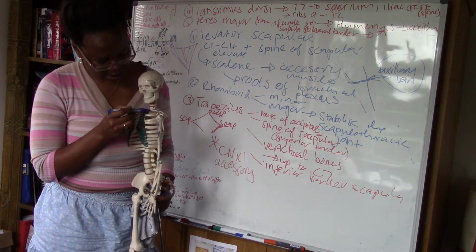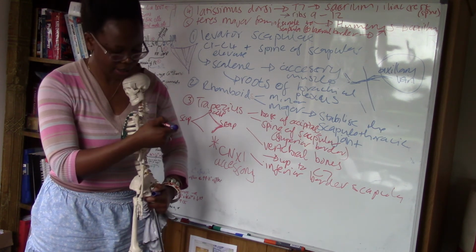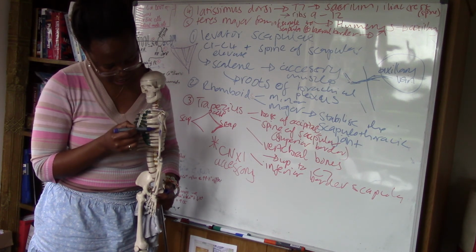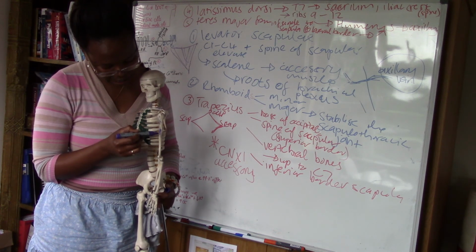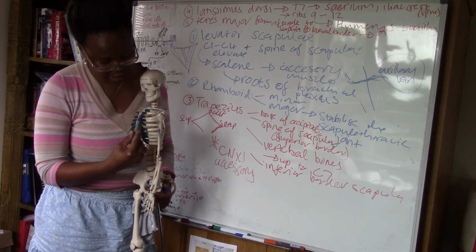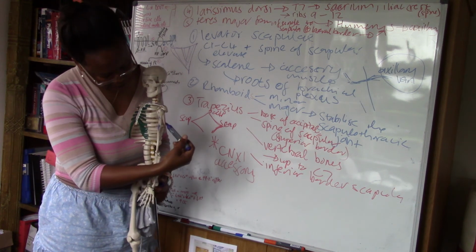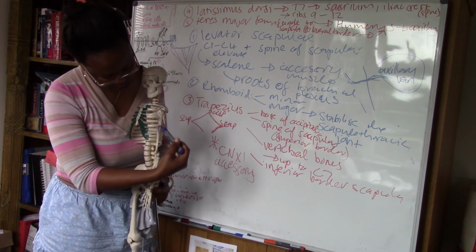So if you can imagine, it goes there and there, and as it's extending to its attachment, other muscles such as pectoralis major will be there, teres minor is there, latissimus dorsi is there.